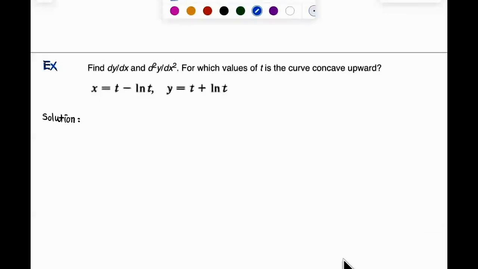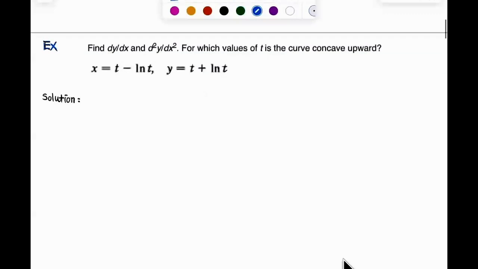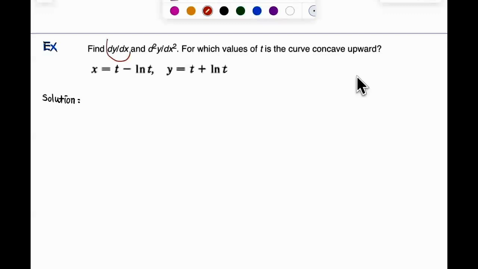Let's try the first one. We try to find dy dx and the second derivative, and for which value of t the curve is concave up. But let's do one step at a time. Let's find dy dx first.